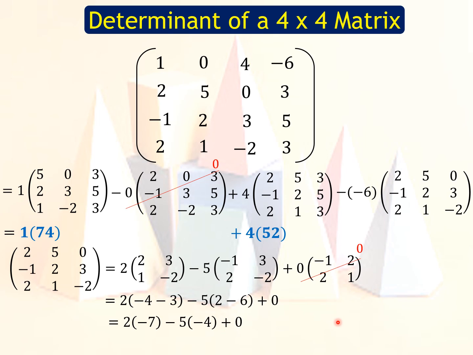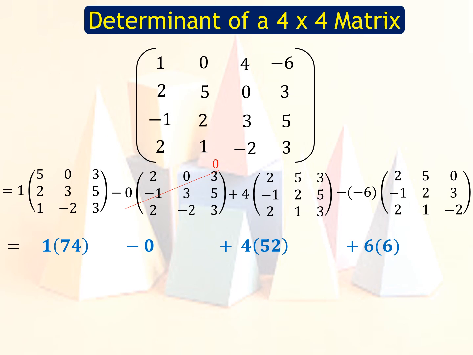Multiplying further, 2 times negative 7 is equal to negative 14, and negative 5 times negative 4 is positive 20. Adding it, negative 14 plus 20 is equal to 6. So we are going to write 6 in here. And since we have minus negative, it becomes plus 6 times 6.